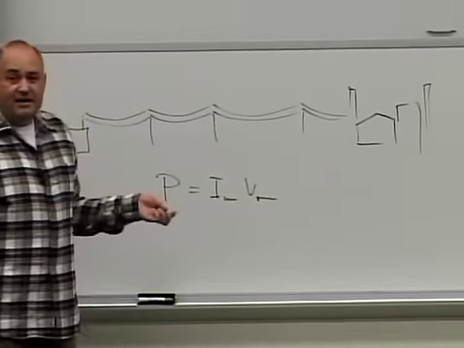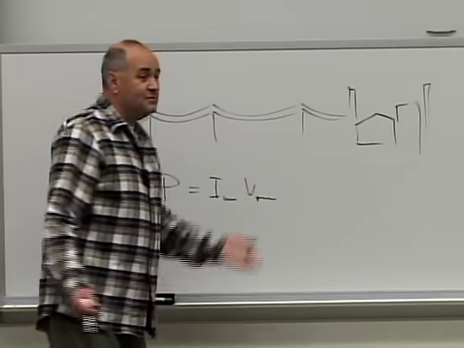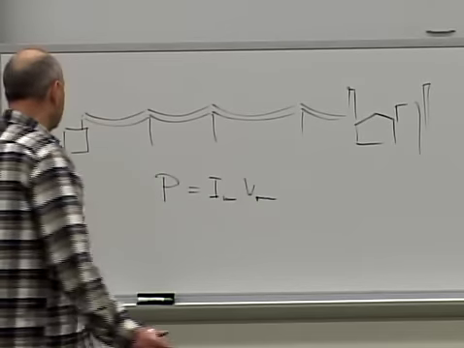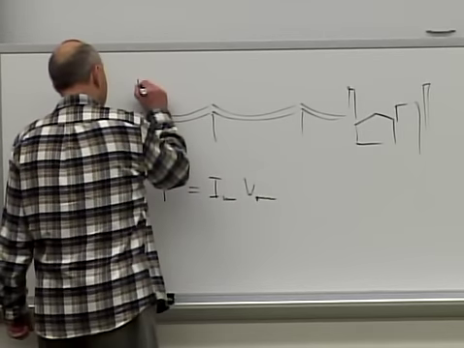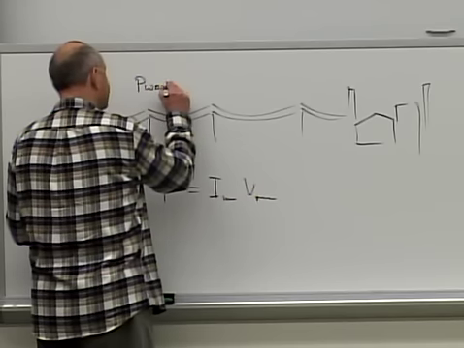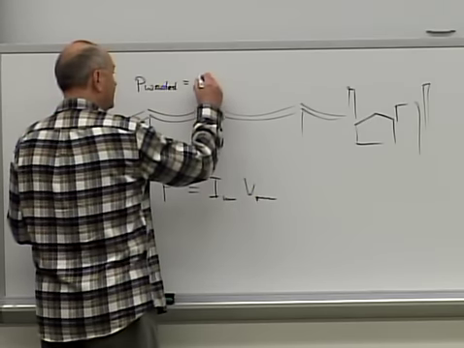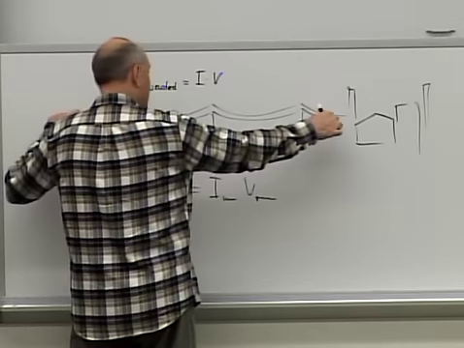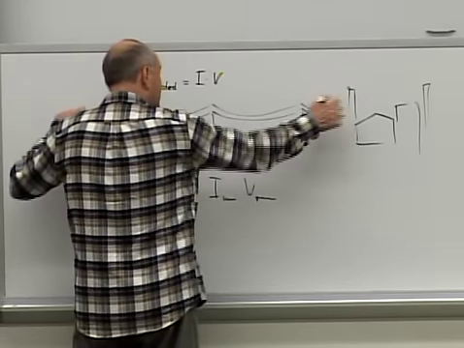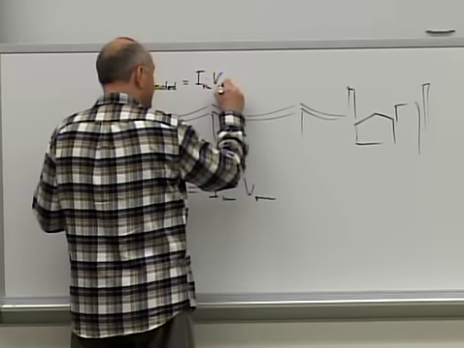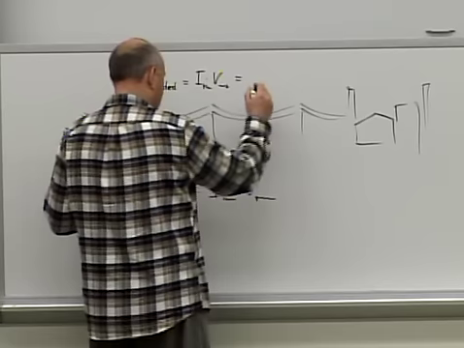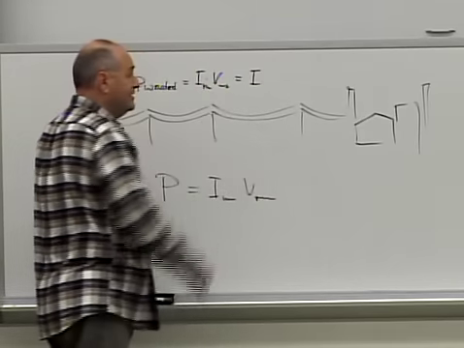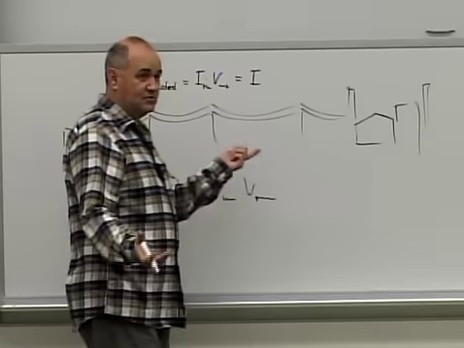Now, since a wire is like a resistor, it obeys Ohm's law, so this power wasted is equal to the current flowing in the wire multiplied by the potential difference between the ends of the wire, root mean square values, and in a resistor, potential difference is proportional to the current.